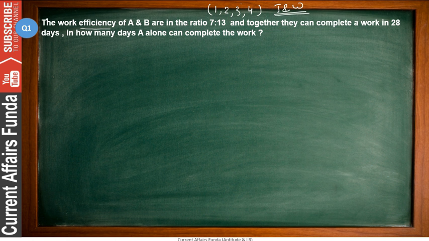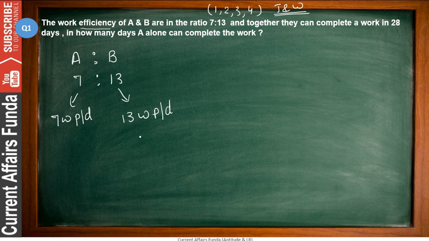Basically, the meaning of this question: the work efficiency of A and B are in the ratio 7:13. Efficiency means 1 day's work. So A is doing 7 work per day and B is doing 13 work per day.